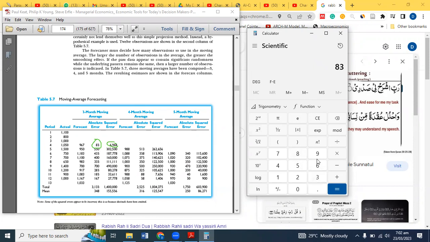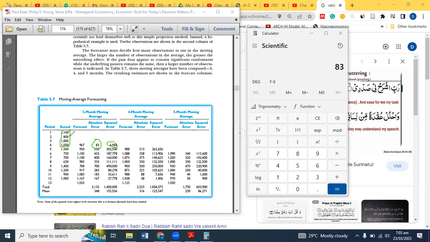This is the method of 3-month moving average. If you want to calculate the 4-month moving average, you will take the 4 values, right? These 4 values.